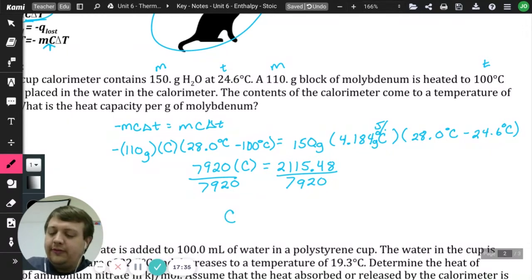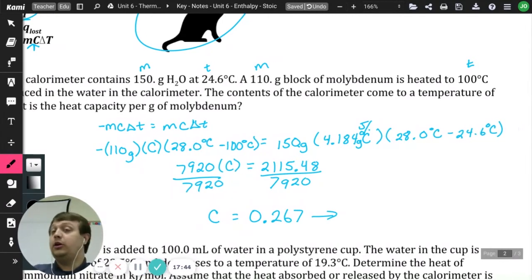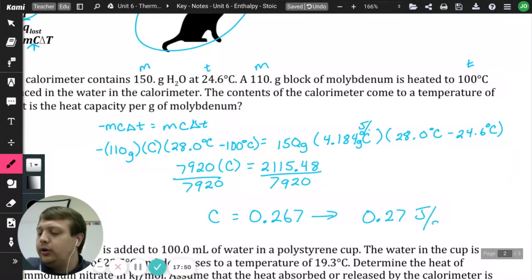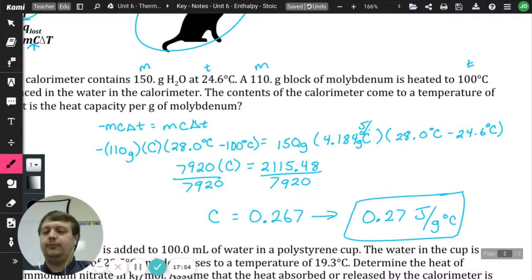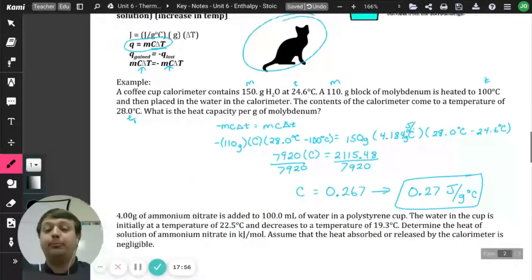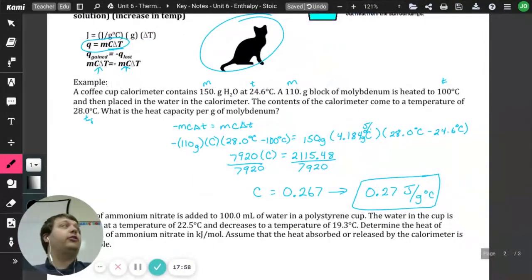And we'll find the specific heat for molybdenum is going to equal 0.267, which converts into, when we use our sig figs, 0.27 joules per gram degrees Celsius. And that would be my answer. Okay, so pretty simple. You just plug in your numbers and then you're just using your algebraic reasoning to solve for that.